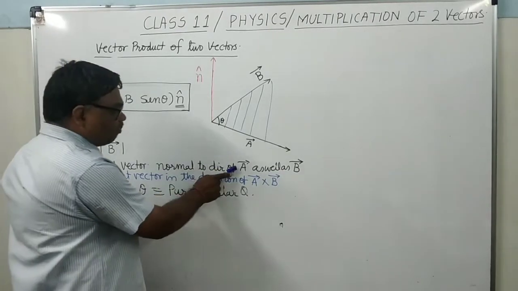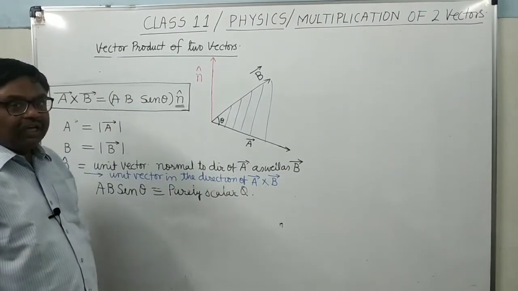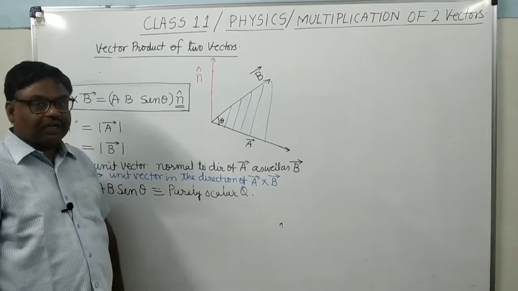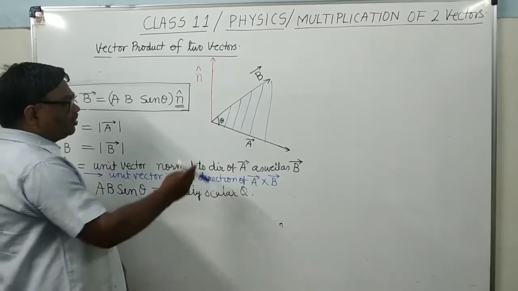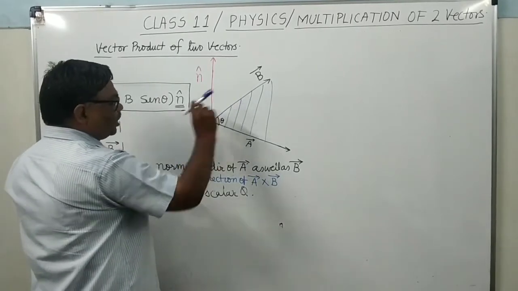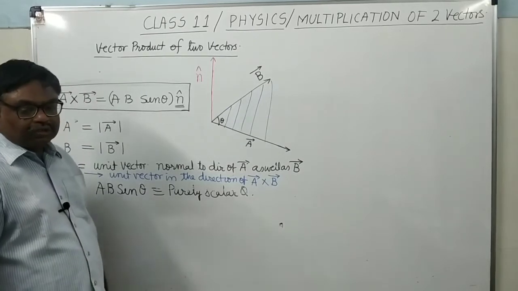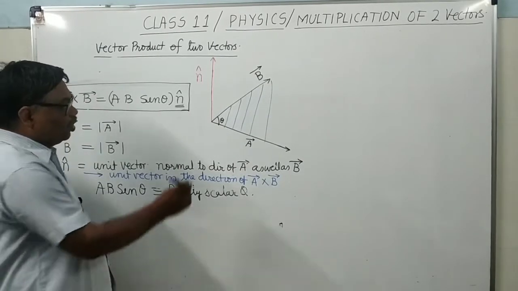It will be normal to the direction of vector A as well as normal to the direction of vector B. Now you can see here both the vectors are lying on the plane of the board. So what will be the direction of the unit vector?